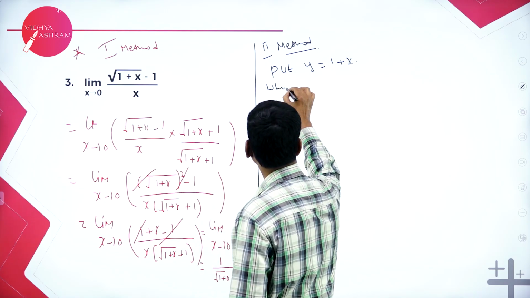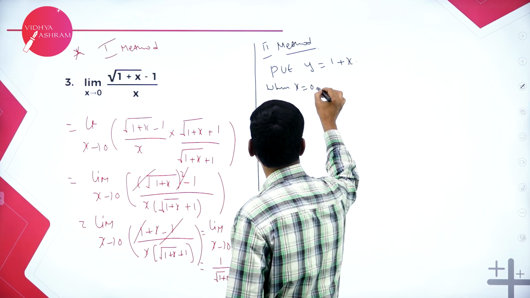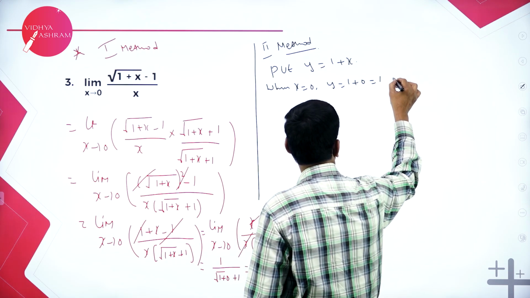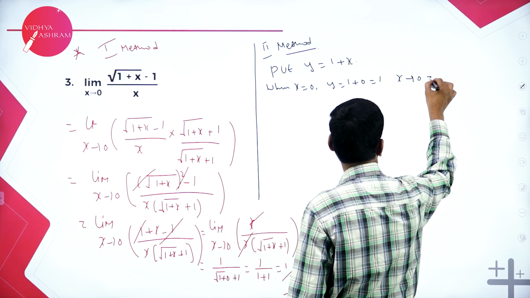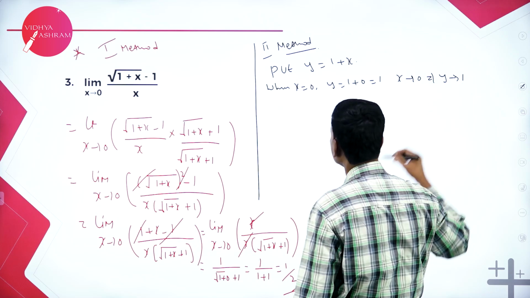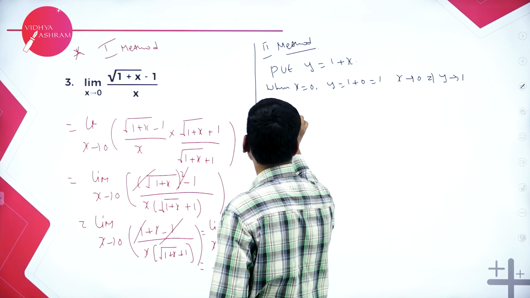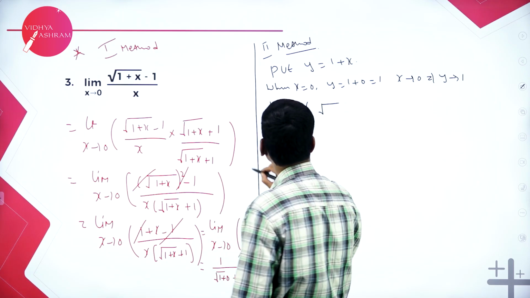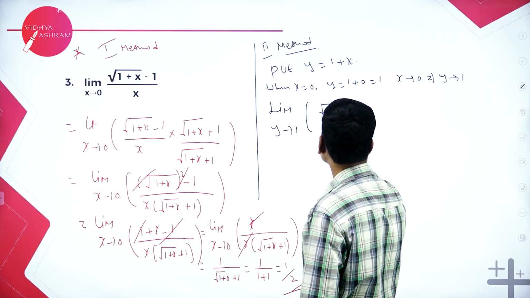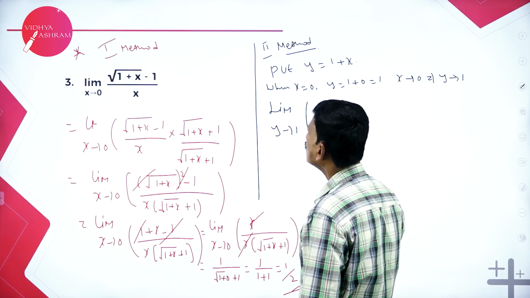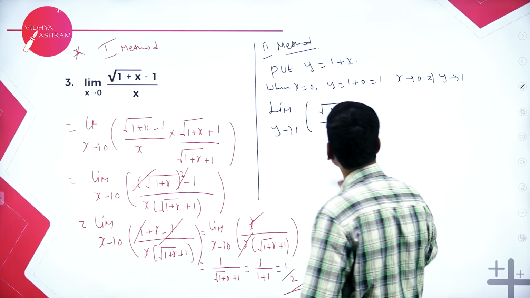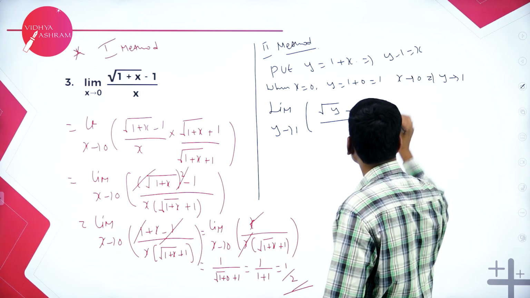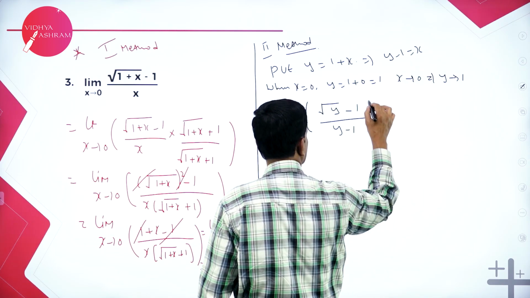So when x tends to 0, y is equal to 1 plus 0 is equal to 1, so when x tends to 0 implies y tends to 1. So the given limit becomes limit y tends to 1 of root of 1 plus x, which can be written as y, minus 1, divided by, in the denominator, so if we transfer, y minus 1 is equal to x. So this becomes y minus 1.